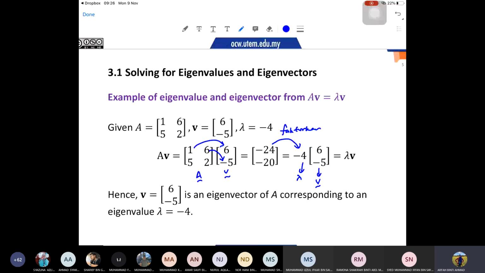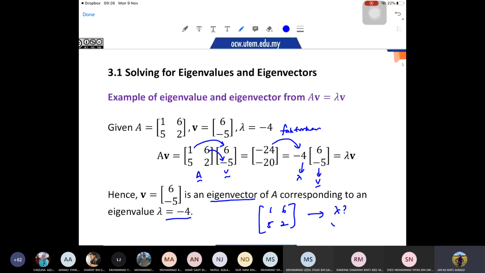So daripada sini V equal to [6, -5] is an eigenvector of matrix A corresponding to an eigenvalue of lambda. So maksudnya awak hanya ada matrix A, [1 6; 5 2], dan kita tak tahu apakah lambda, apakah V. Awak tak tahu pun yang ini.